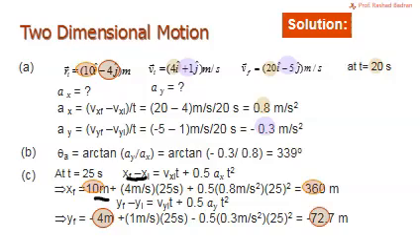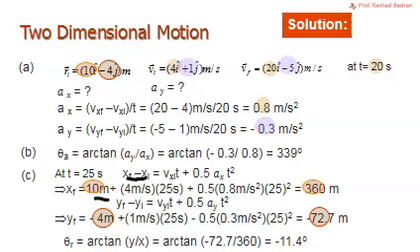These are the values obtained from the above equation. Also for theta sub r, for the final position, we divide the y component of the final position by the x component and take the tan inverse, and you get minus 11.4 degrees, and this is the answer.